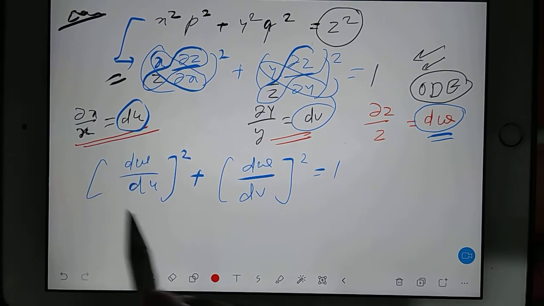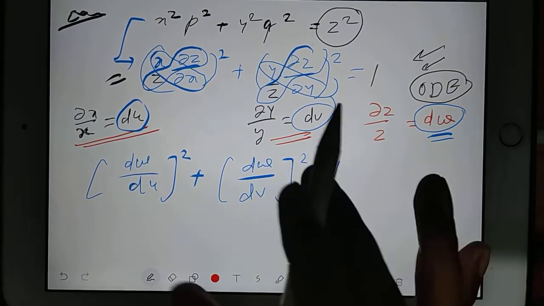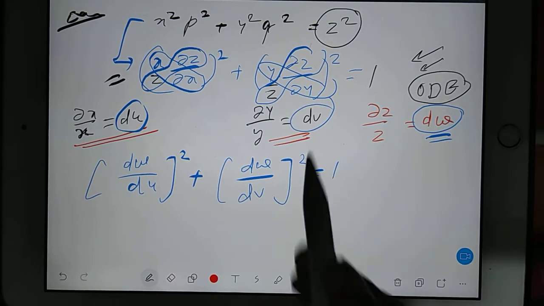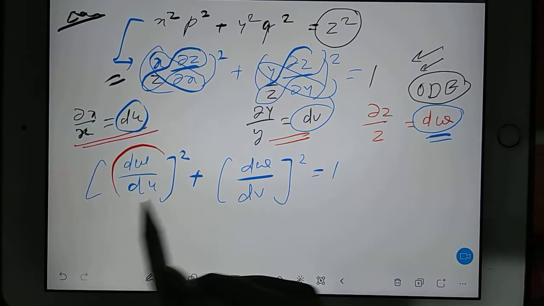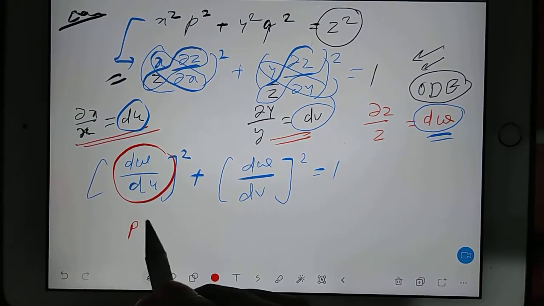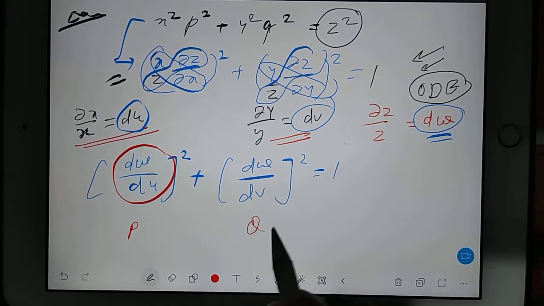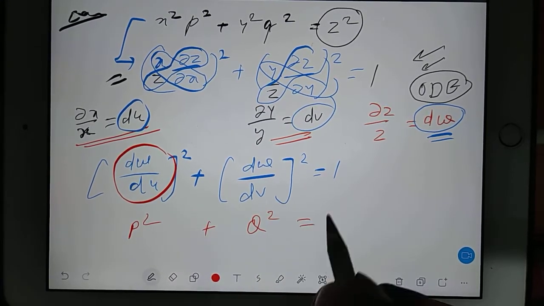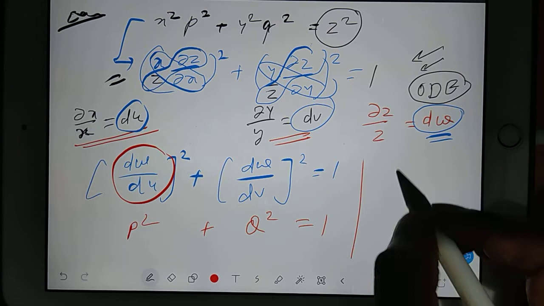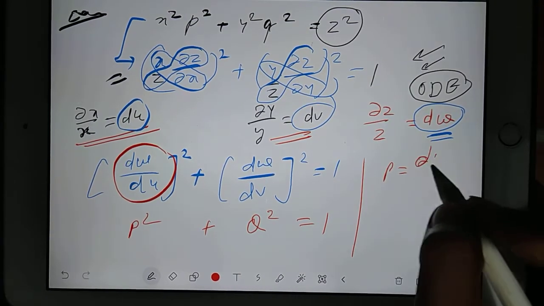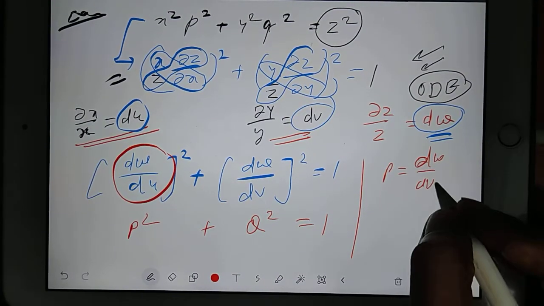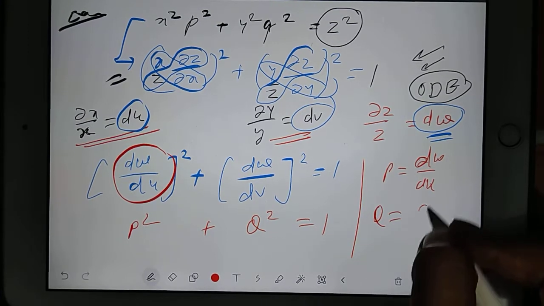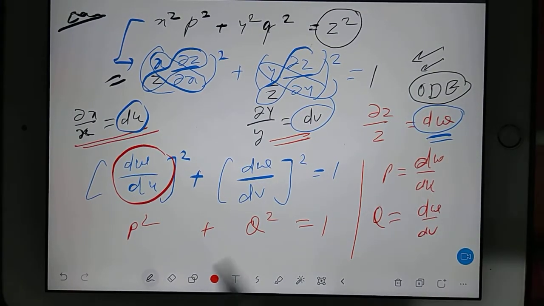Now, from here you make a fresh change. Fresh change means consider this total as a capital P, consider this total as a capital Q. So P² plus Q² is equal to 1, where your P is nothing but dw/du, and your Q is nothing but dw/dv.